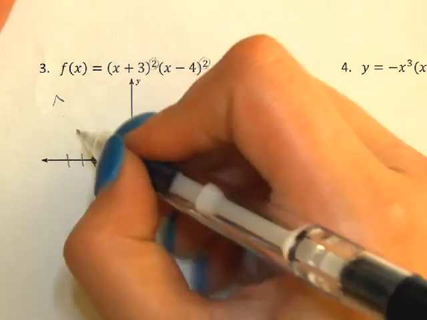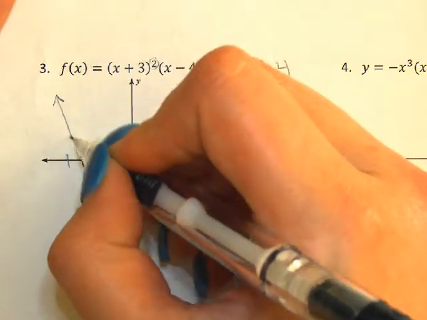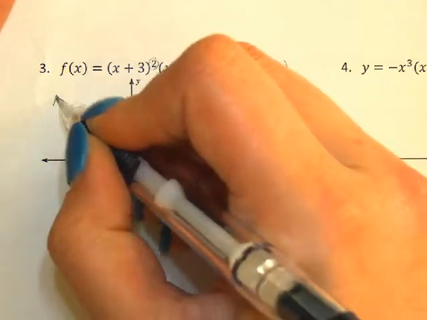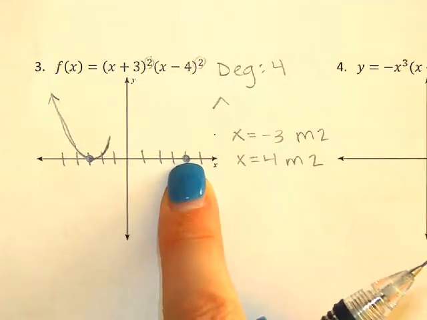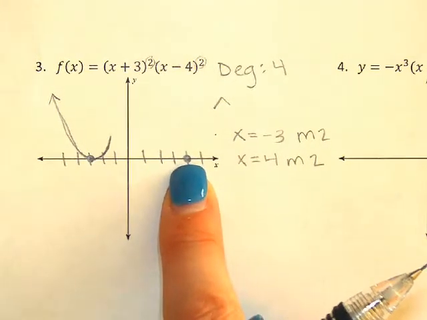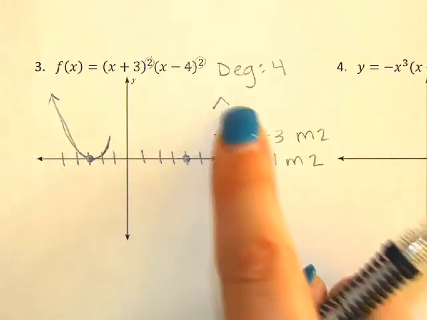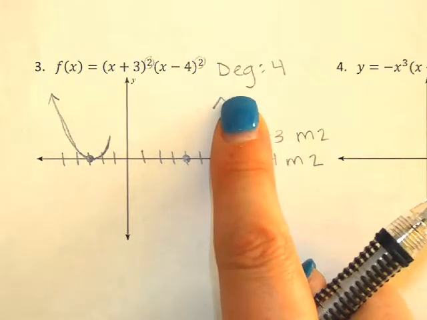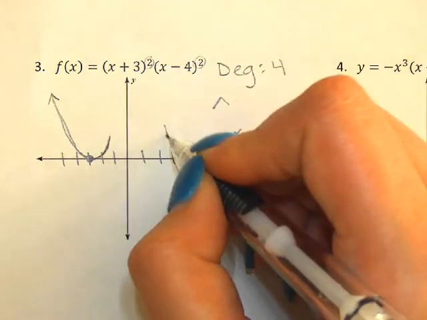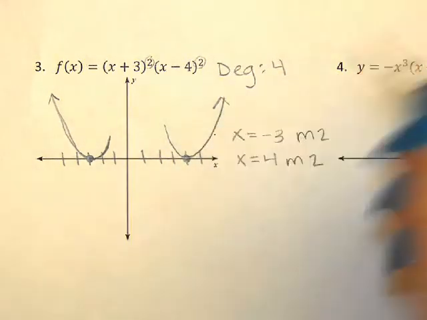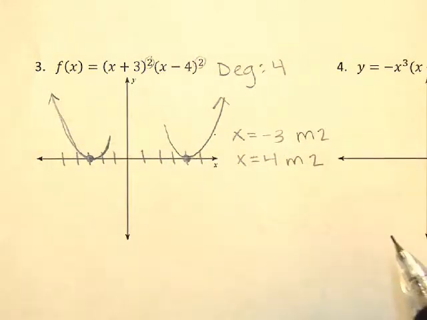Above. Okay, so we've got a u shape here. And then over here we have a multiplicity of 2 again, so we have a u shape again. And we have to connect to that arrow, so above or below? Above. So we got the U shape, it connects to the arrow, and then how do I connect these two?